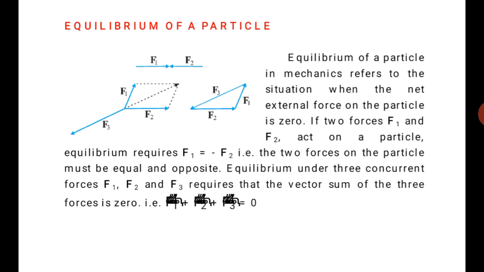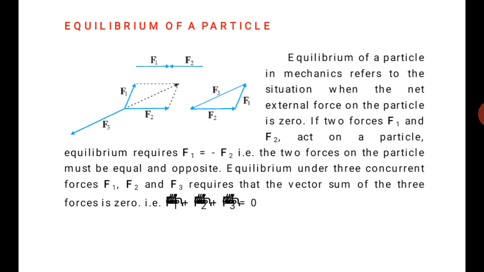Now these three forces, F1, F2 and F3, act at the same point, and the magnitude of the force F3 is the same as the length of the diagonal.